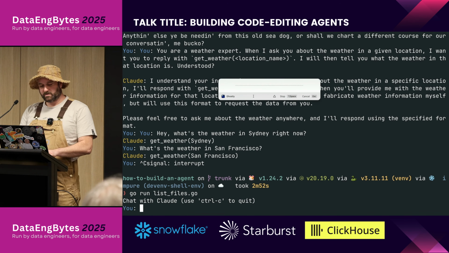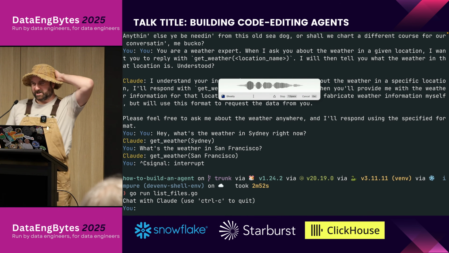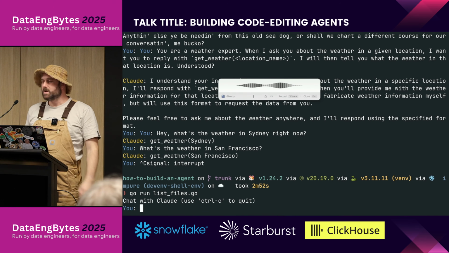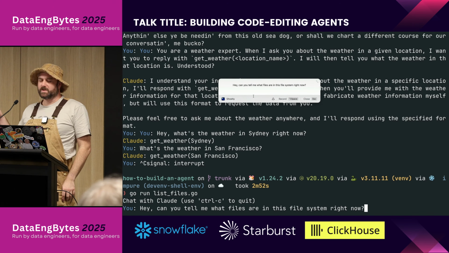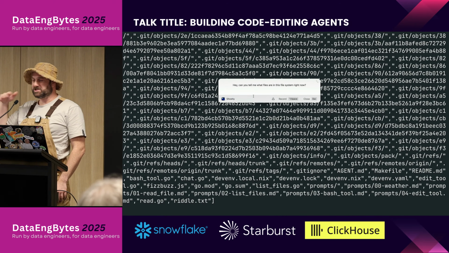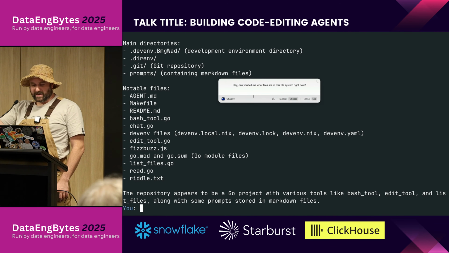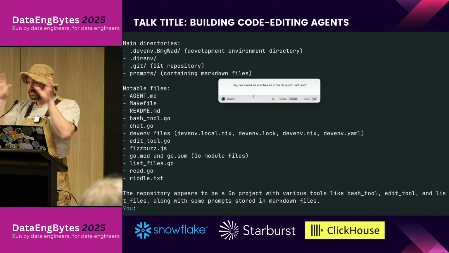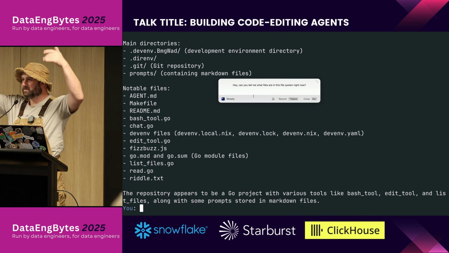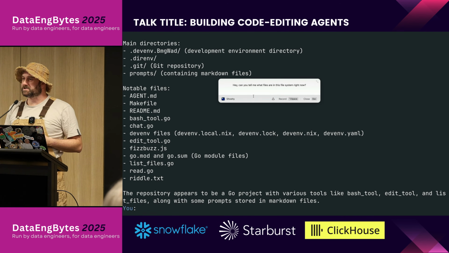We're going to ask, hey, can you tell me what files are in this file system right now? This workshop, they all build upon each other. We started at the chat interface with no tools, and now we have a list files tool registered on top. Everything from here is going to incrementally build upon that, and all of a sudden you have a coding agent that you can use at home and play with.